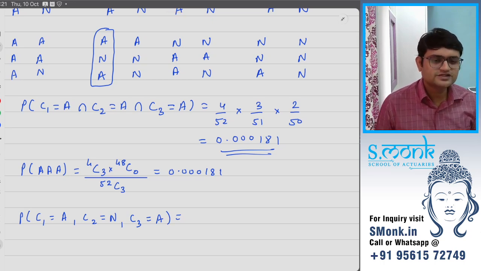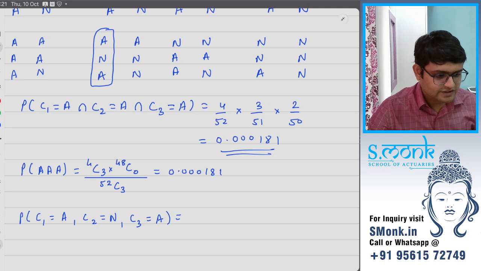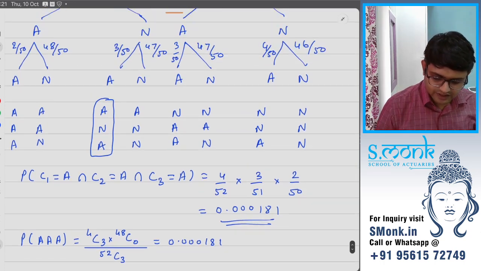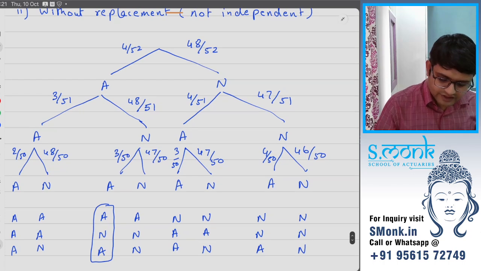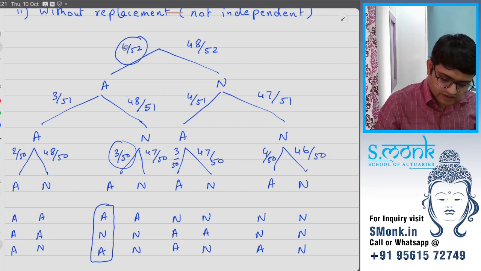Okay, this is one specific arrangement where the first card has to be ace, the second card has to be not ace, and the third card has to be ace again. So of course, if I go by this tree diagram, I will have 4 by 52 into 48 by 51 into 3 by 50. This is how I will get the answer.